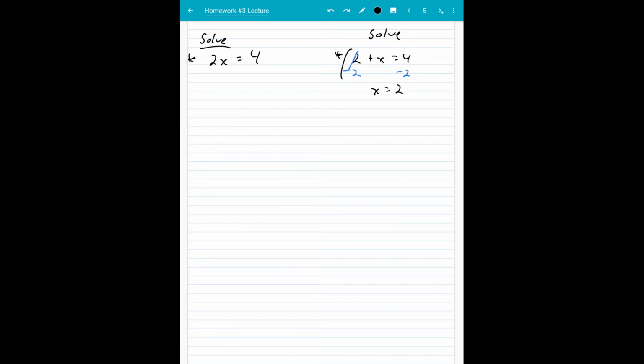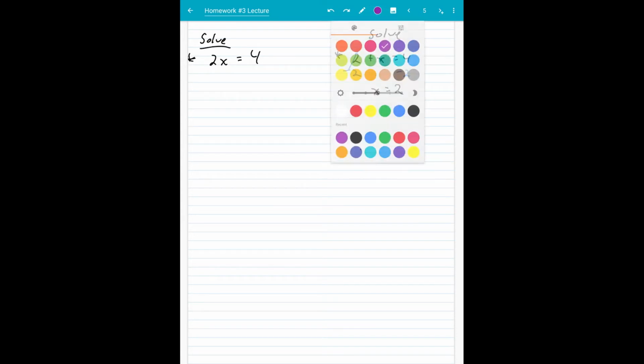So remember, here we've been doing the opposite, right? If we have a positive number, minus on both sides. If we have a negative number, we add on both sides. So here, think about what's the opposite of multiplication. The opposite of multiplication is division. So in order to detach this 2 from the x, we need to divide by the 2.